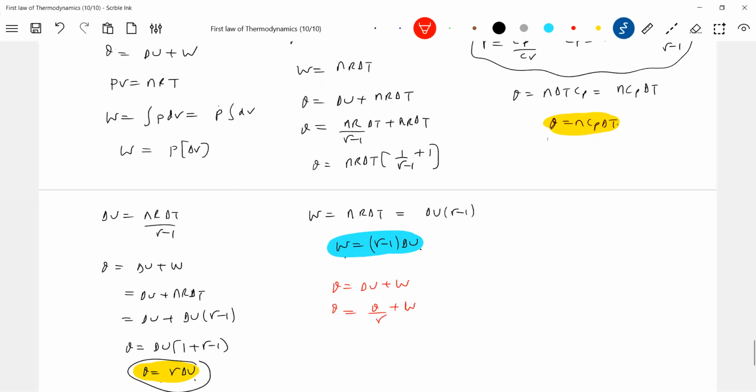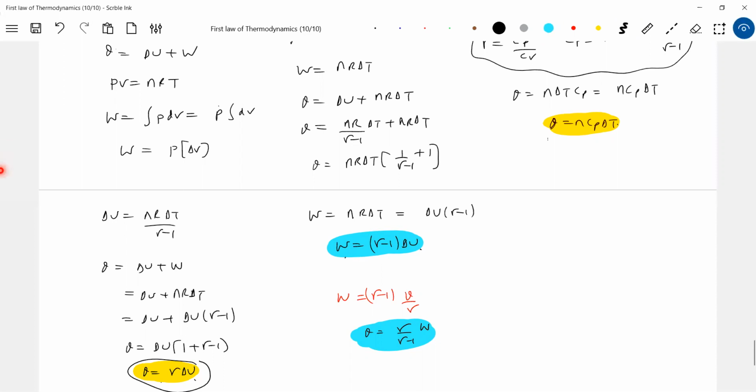Let me write it as Q by gamma. There's one more equation. In isobaric process, there's a relation Q equal to gamma delta U. And what is gamma? Cp by Cv. Already we have said, adiabatic exponent of gas.